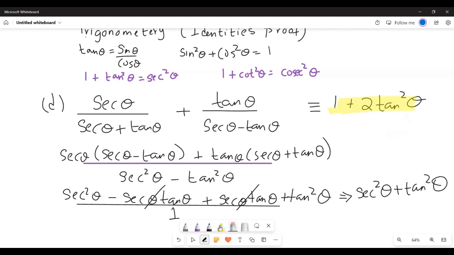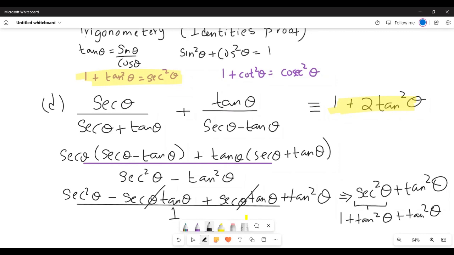Okay, so the final expression does not have secant in it, instead it has tan in it only. So do we have an identity that changes secant into tan? Yes, we do, this one. So secant square theta can be replaced with 1 plus tan square theta. So this becomes 1 plus tan square theta and another tan square theta.